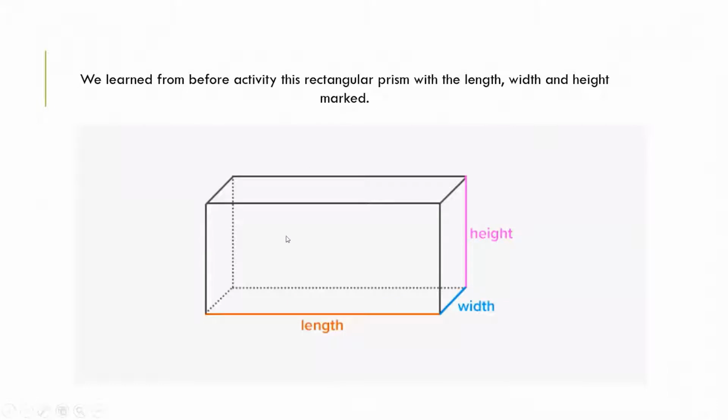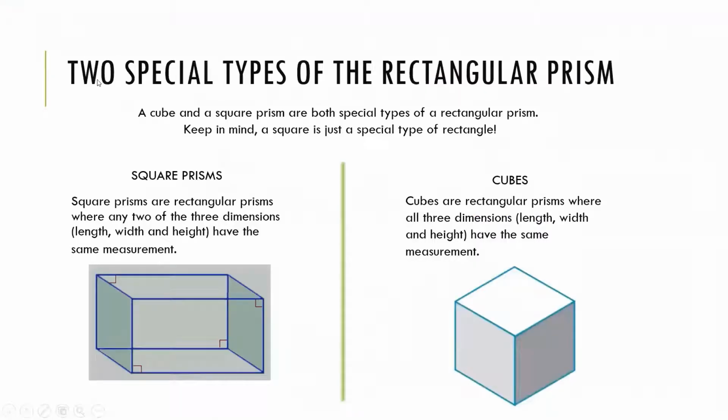We learned from the previous activity this rectangular prism with length and width, and you can see here the height. There are two special types of the rectangular prism: square prisms and cubes. Square prisms are rectangular prisms where any two of three dimensions, length, width, or height, have the same measurement.